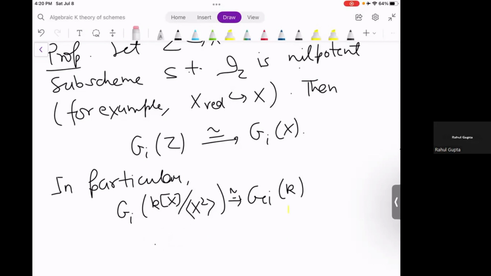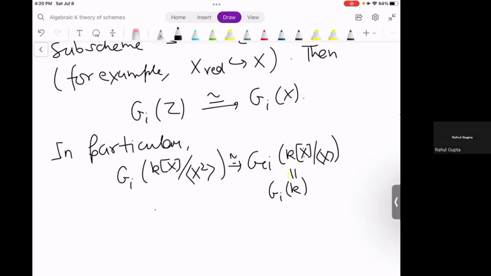Yeah, but that is exactly k, right? So Spec k is exactly the point in our algebraic geometry.